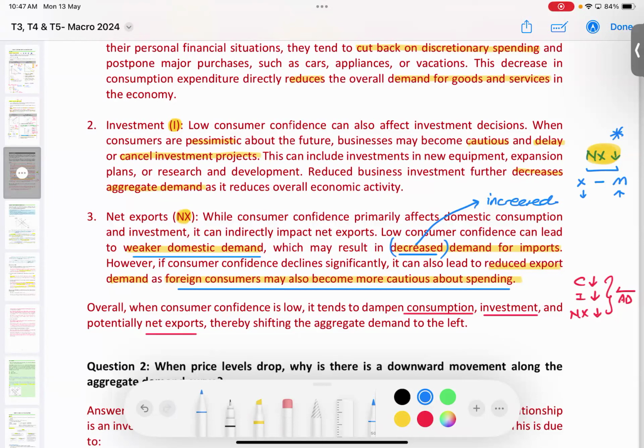It's just that I think she used this term wrongly. Use increase. I think increase is more appropriate.